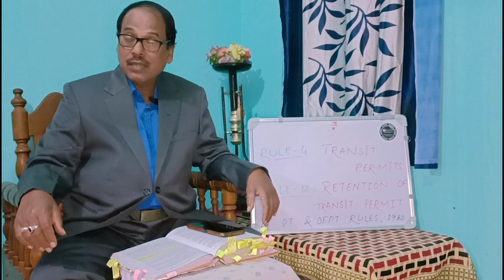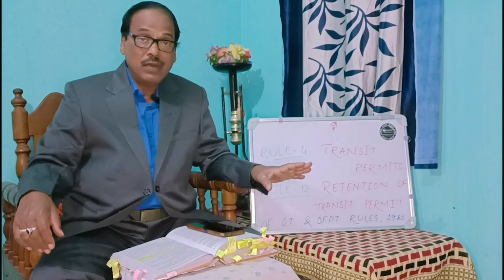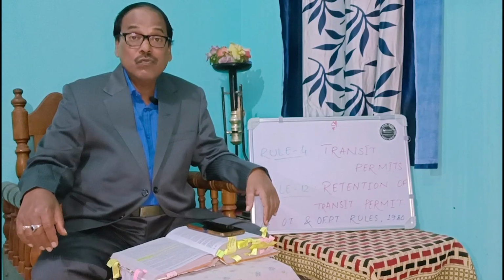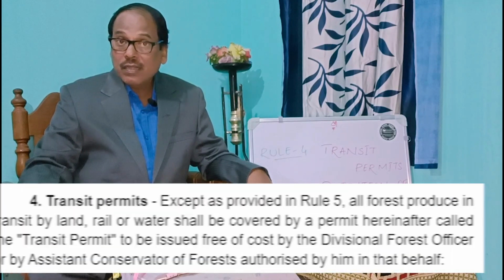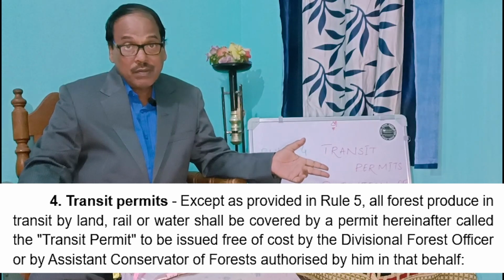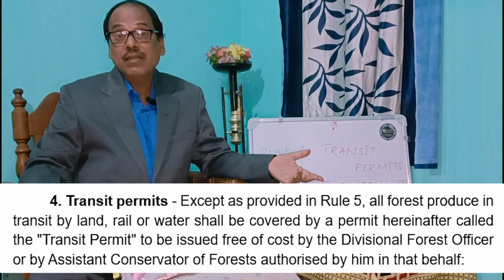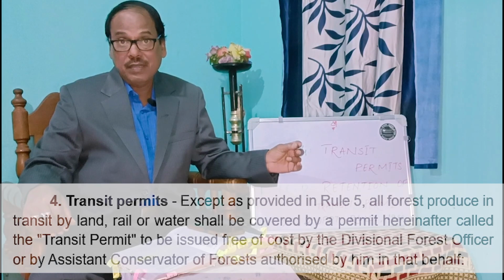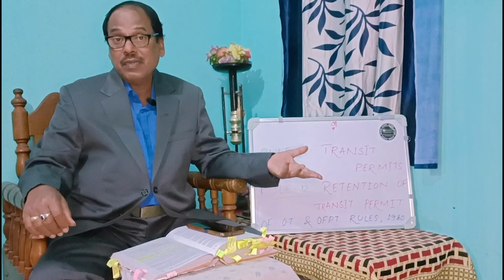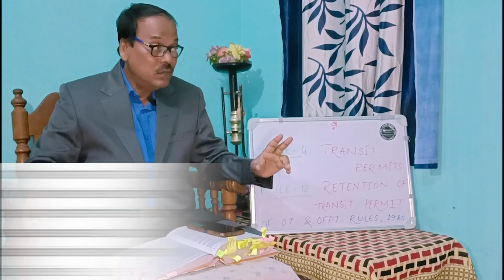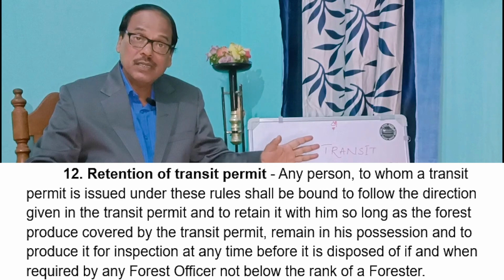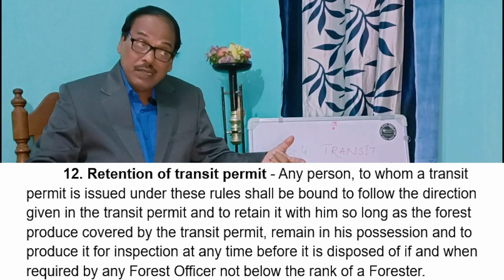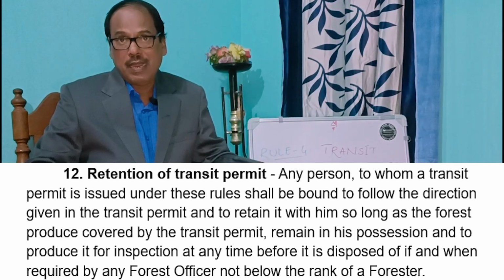That's why forest raids will be done as per government instruction, and a case will be booked for violation of Rules 4 and 12. Rule 4 means that transportation of any forest produce from one point to another needs a transit permit. That person may not have a transit permit. And possession: though he has forest produce in his house, he has no valid documents or transit permit to be produced before the forester on demand.